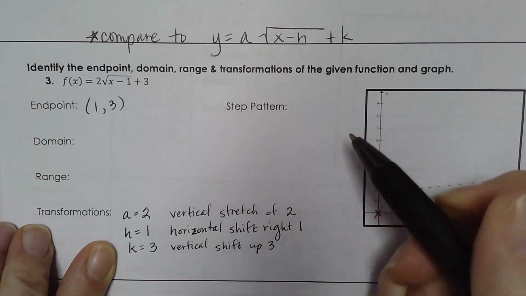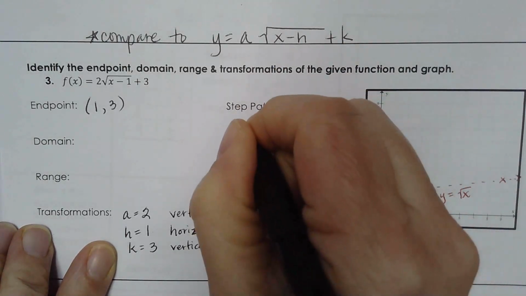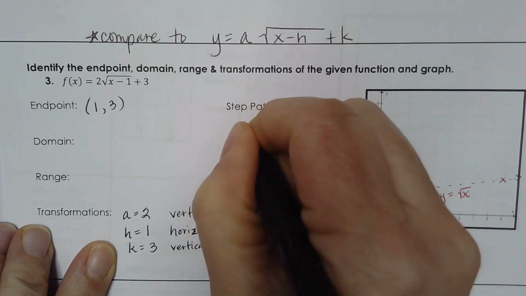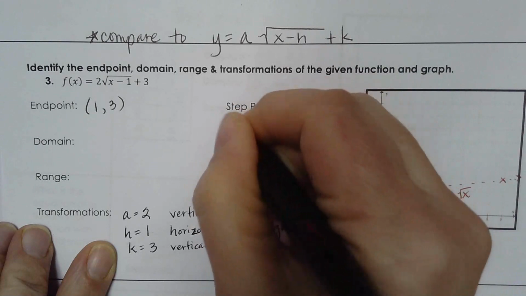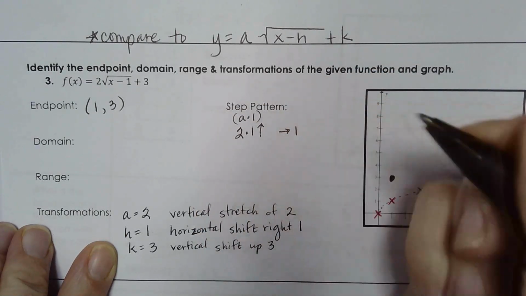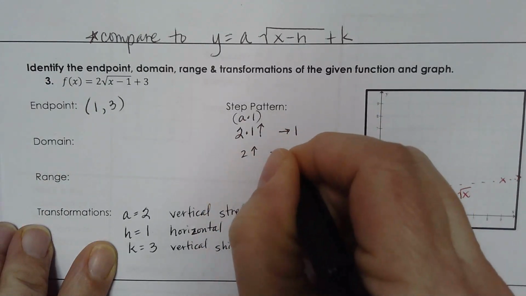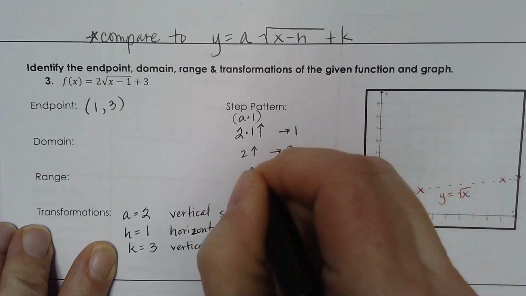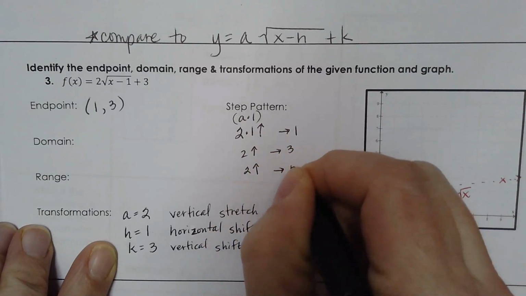And the step pattern will be up 2 times 1, because it's always a times 1, and then right 1, and then it'll be up 2, right 3, and then I'll go up 2, right 5, and so on.